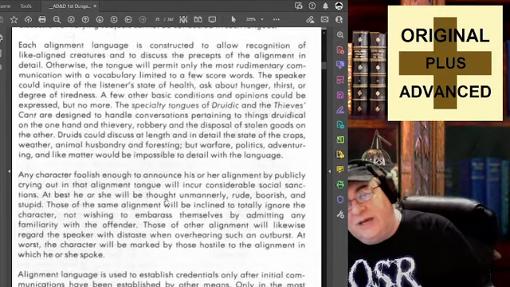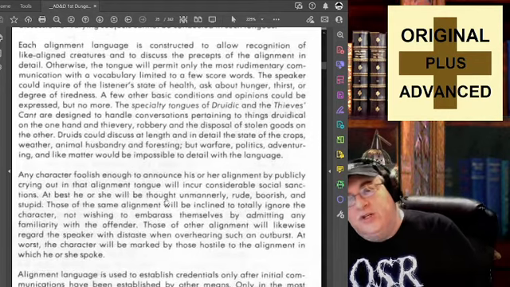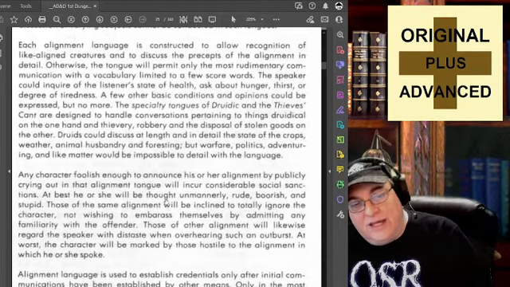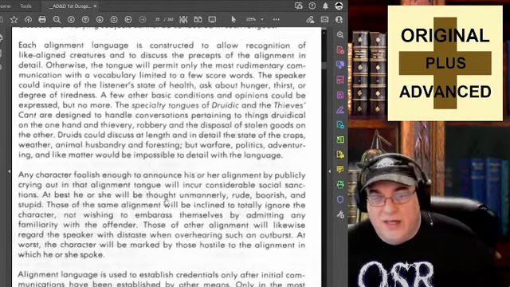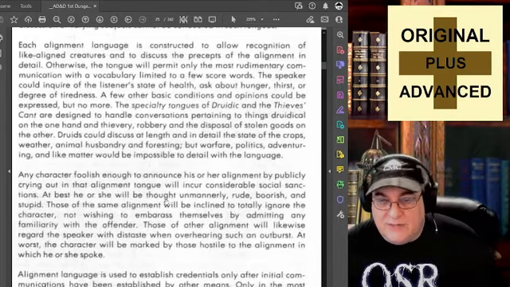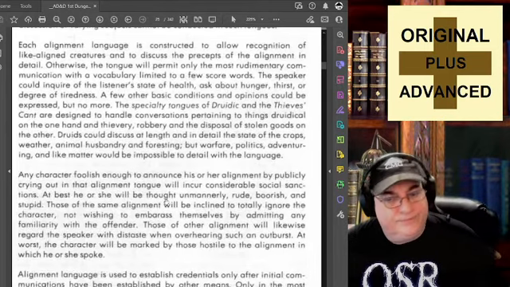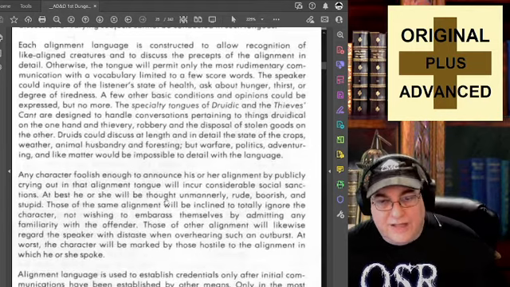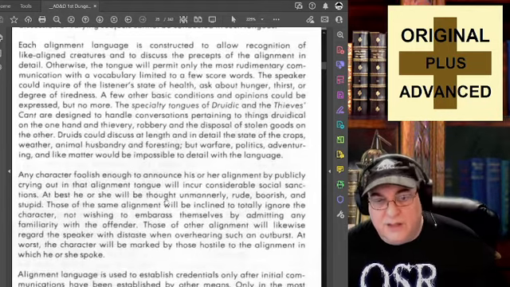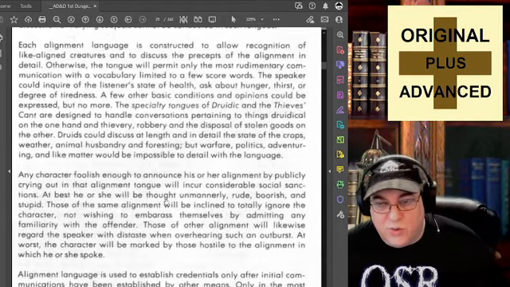Each alignment language is constructed to allow recognition of like-aligned creatures and to discuss the precepts of the alignment in detail. Otherwise, the tongue will permit only the most rudimentary communication with a vocabulary limited to a few score words.